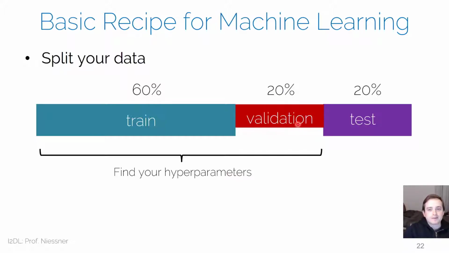But if you then test every model also on the test set, and choose the best one, you're basically turning your test set into a validation set. So you shouldn't do this. The test set should only be used once at the end of the process, so you get a sense of how well your model actually performs on unseen data.